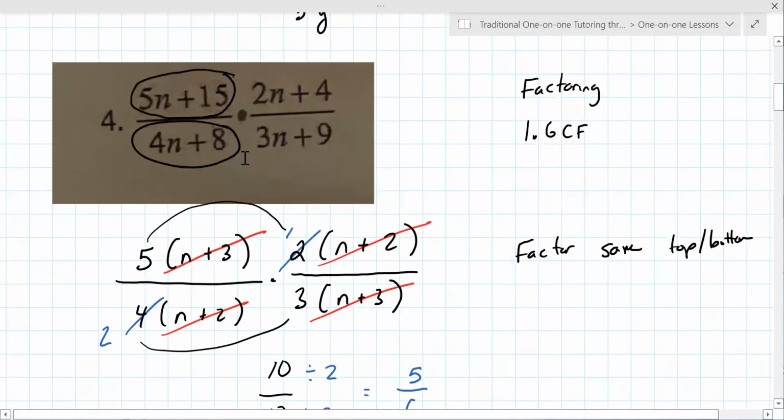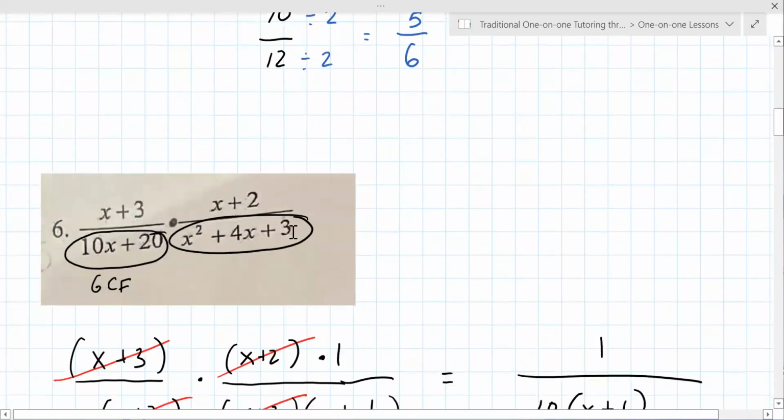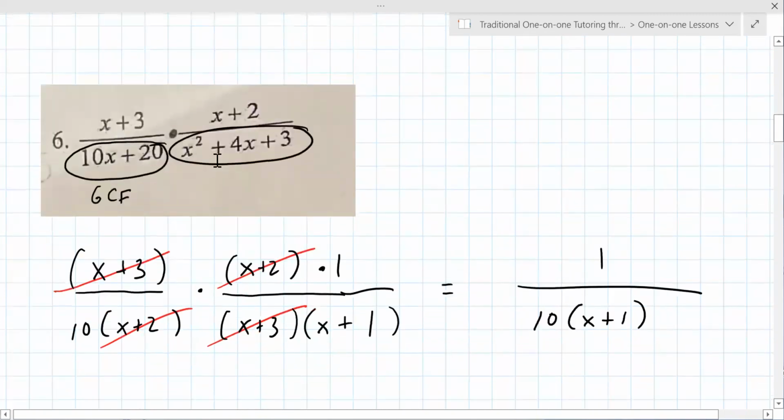For the next couple of problems, we did a greatest common factor. So be on the lookout for that. And then you cancel whatever's left over. The next type of factoring we did is a equals 1, but you just got to be able to correctly get the factors and cancel as needed.